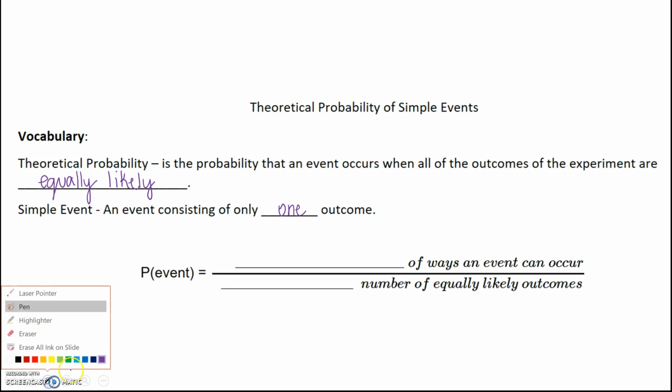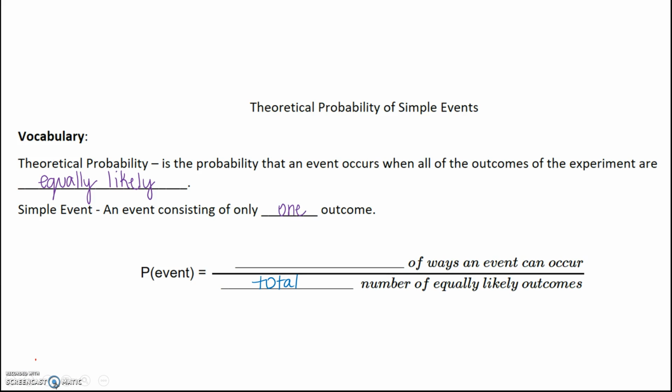So always on the bottom of your ratio that represents your probability, you're always going to put total. I always write total in blue because blue goes on the bottom. So the bottom is the total number of equally likely outcomes.